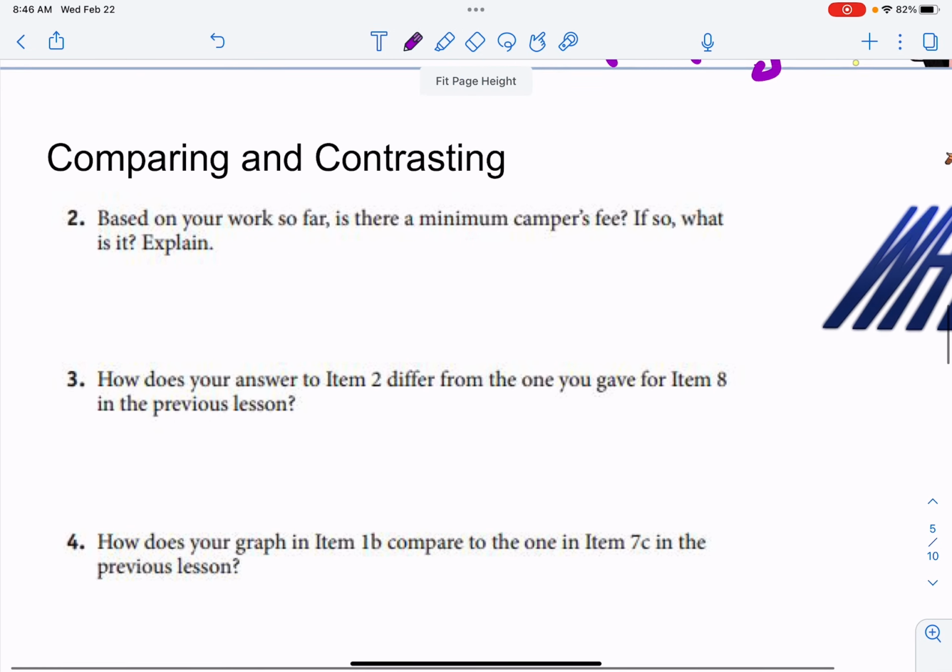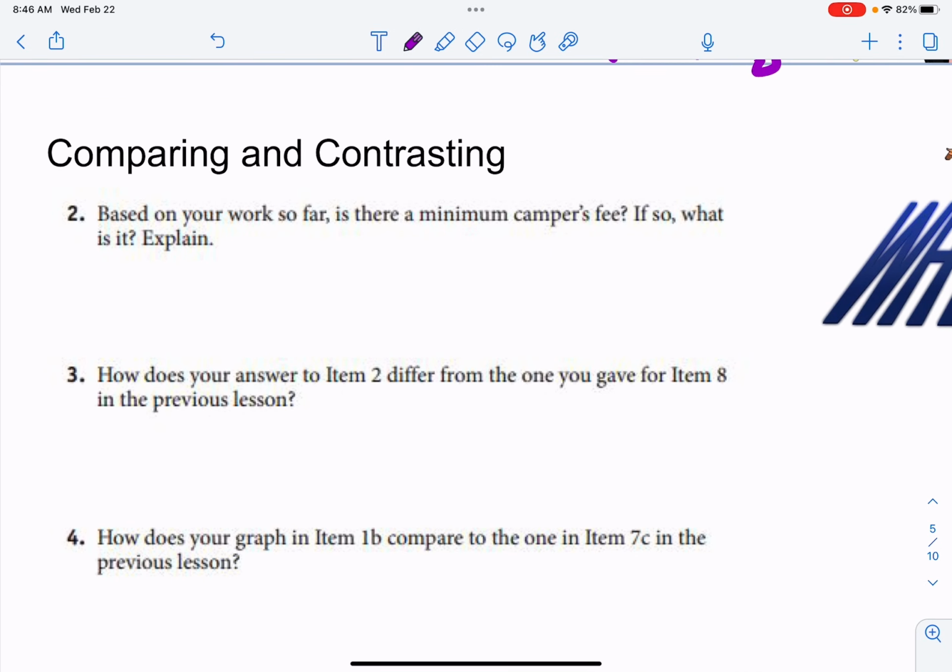Then it says, based on your work so far, is there a minimum camp fee? If so, what is it? Well, if there was, it again costs $45. You want to consider all the elements. It costs $45 for every meal.